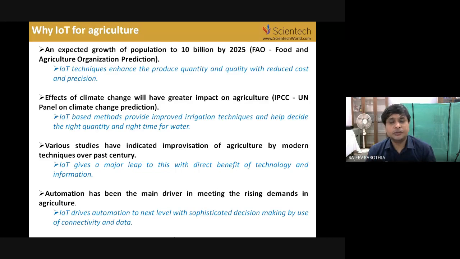Like Industry 4.0, we have Agriculture 4.0, where we can have various automation things relevant to the agriculture sector, like drone technology and proper sensors to measure the different parameters of agriculture. We are having different methods of irrigation. We are having different sensors to measure soil temperature, soil moisture, and soil carbon.